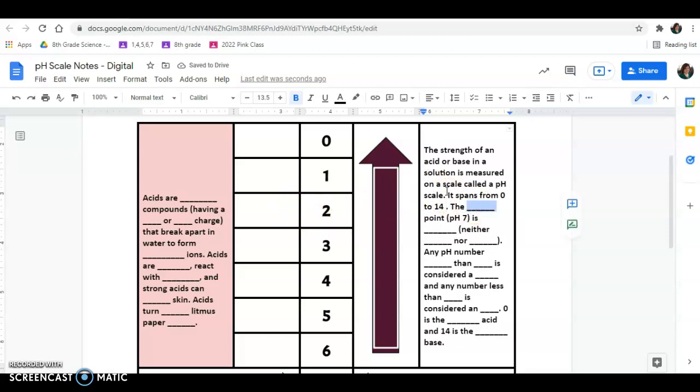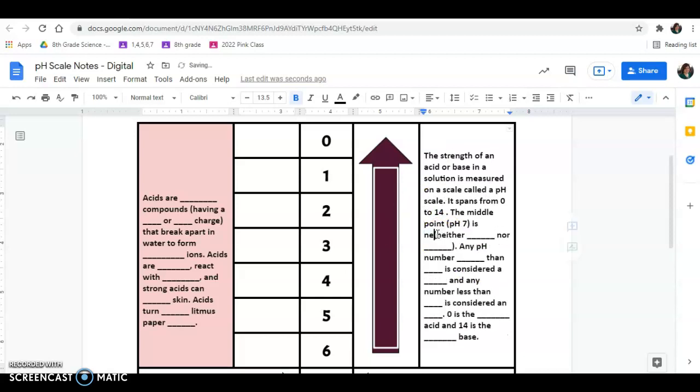The middle point with a pH of 7 is neutral, which means that it's neither acidic nor basic, meaning it's not an acid or a base.